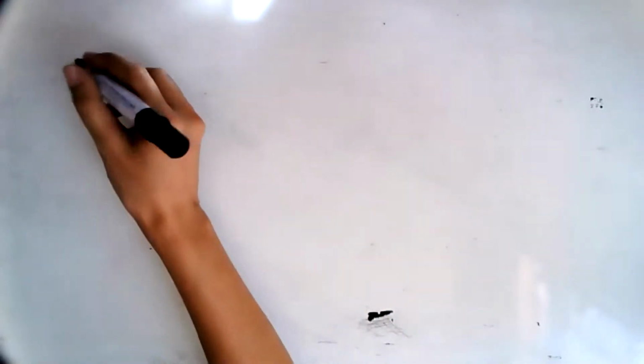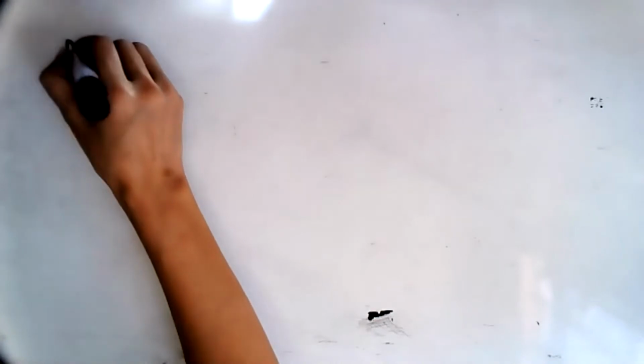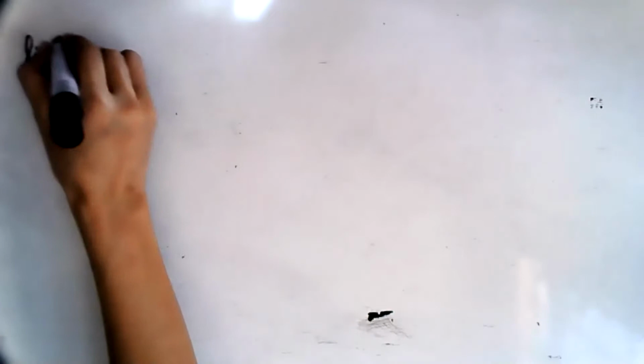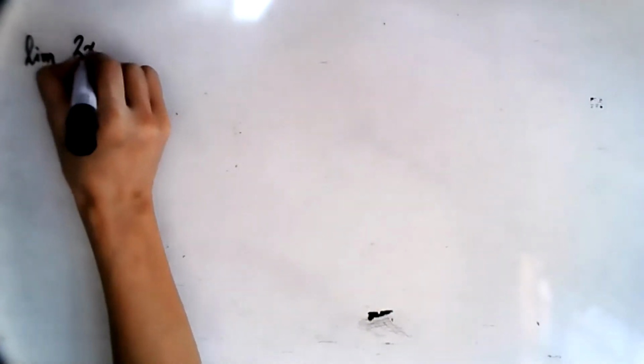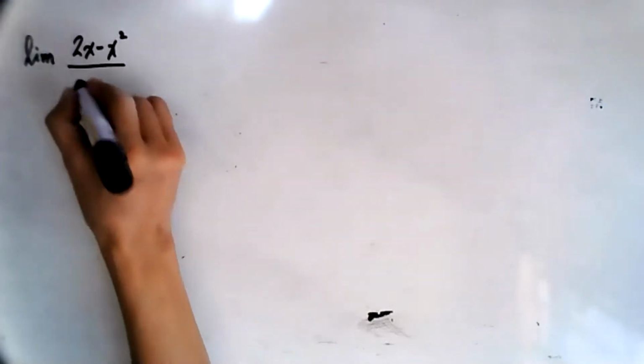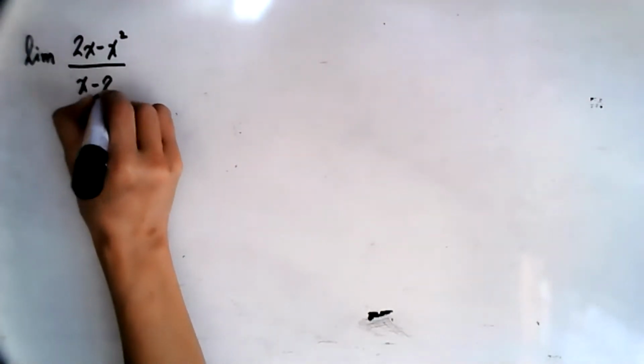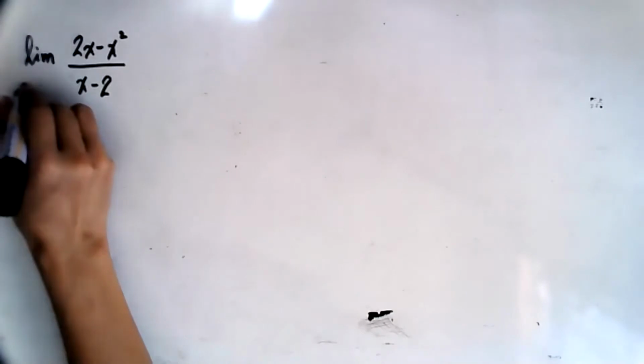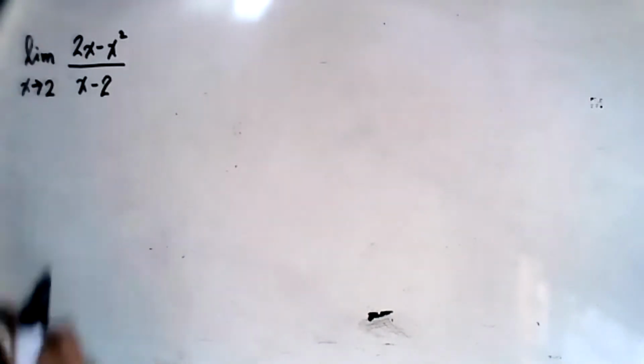We are going to evaluate the limit of 2x minus x squared over x minus 2 as x approaches 2.